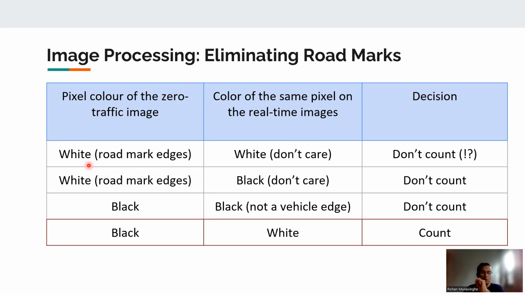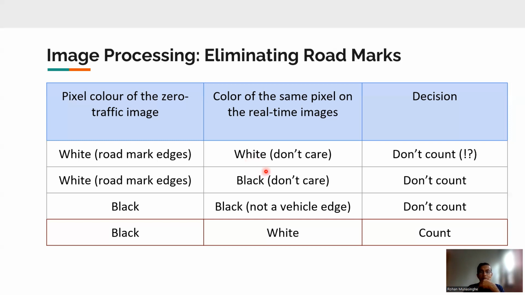On the left hand side, we are pretty sure this is a road mark, because the road is supposed to be black, but if there are marks, they're white. So if the same pixel is still white on the other image, we don't know whether this is because of a vehicle edge or because there's no vehicle and it is the same white mark on the road. So therefore, we don't count. There's a bit of a question mark here, but mostly it is accurate.